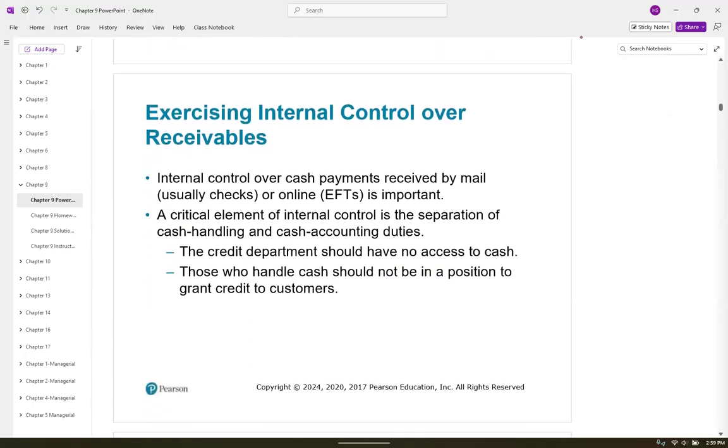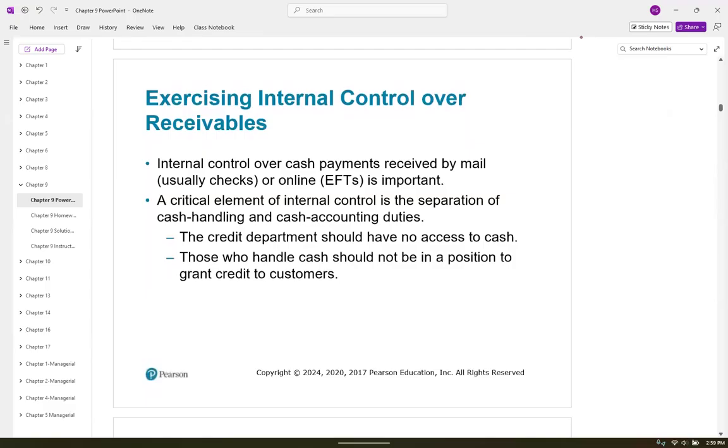Okay. We do have to be very, very careful when it comes to receivables, and we want to make sure internal controls over those receivables are good. We just got off of a chapter talking about internal control and making sure that we keep good control, because there's a lot of things people could do.